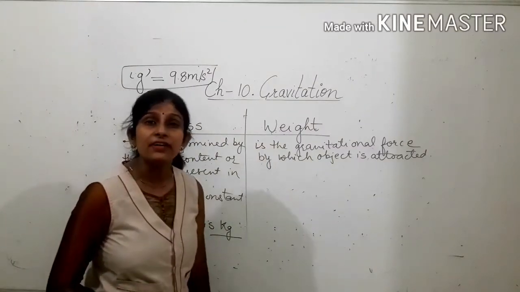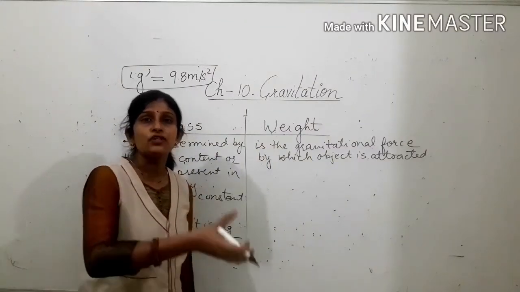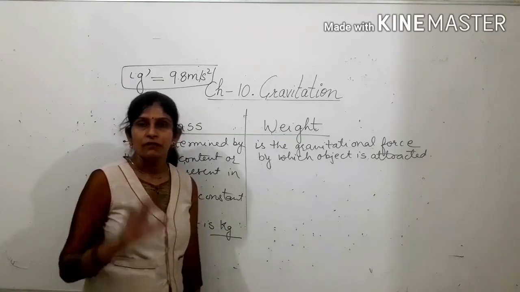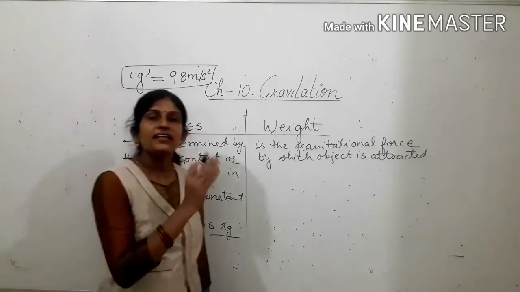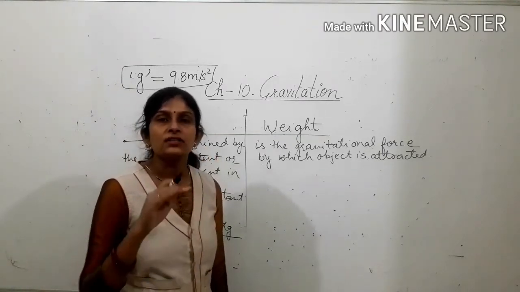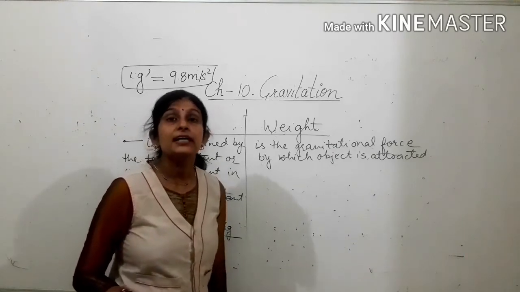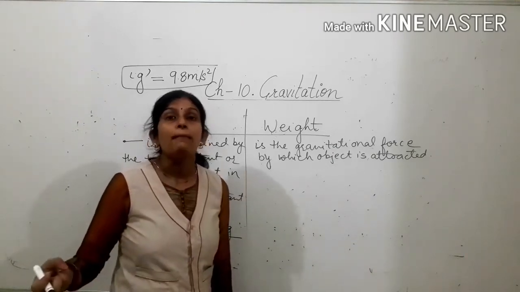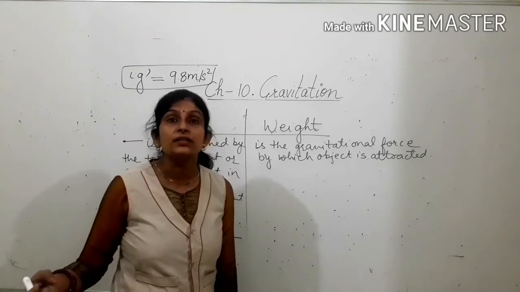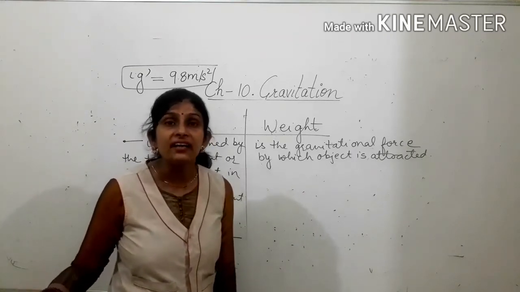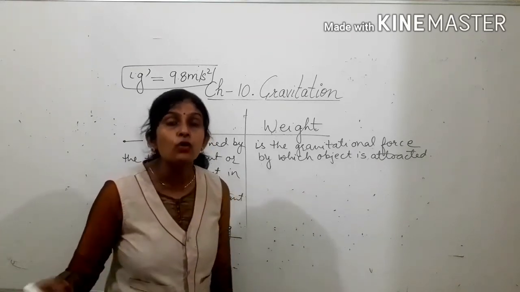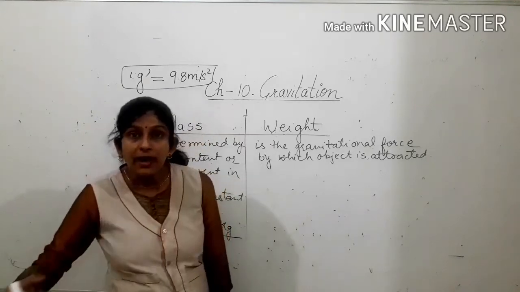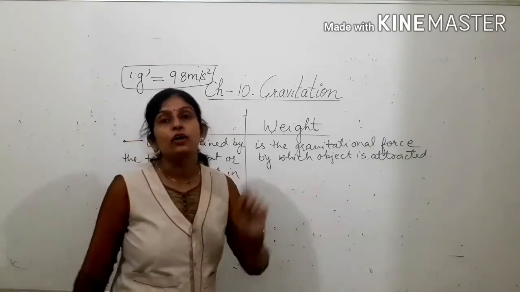It is the gravitational force by which the object is attracted. For example, what is the weight of an object on the surface of earth? It is the gravitational force by which it is attracted towards earth. Or I can say that it is the gravitational force which is exerted by earth on that object.